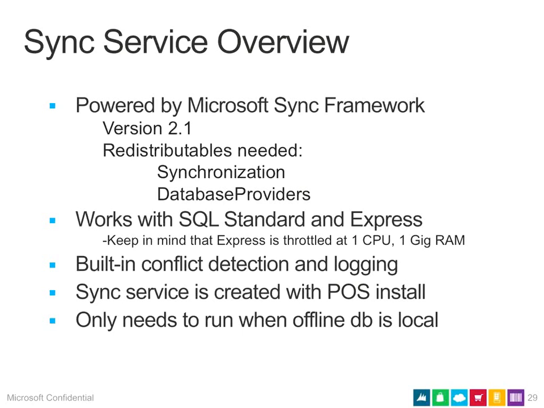Just keep in mind that SQL Express is throttled to 1 CPU and 1 gig of RAM, so you don't want to use it in a store server setting where you have hundreds of thousands of items and a whole bunch of terminals connecting. The sync service has built-in conflict detection and logging, and frankly, we don't take advantage of all of that, but we do some logging there.